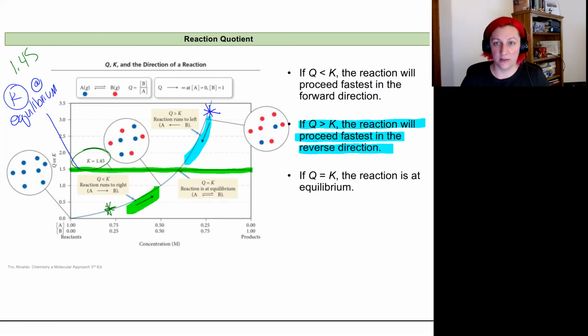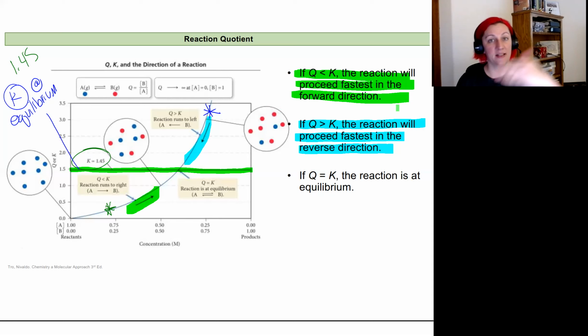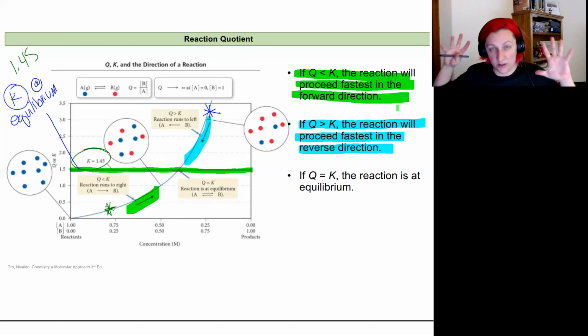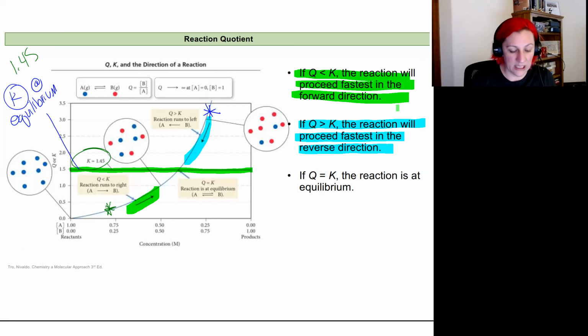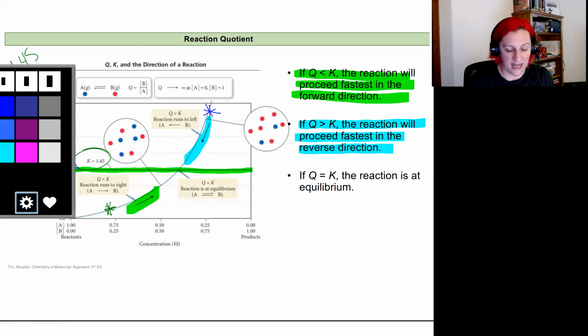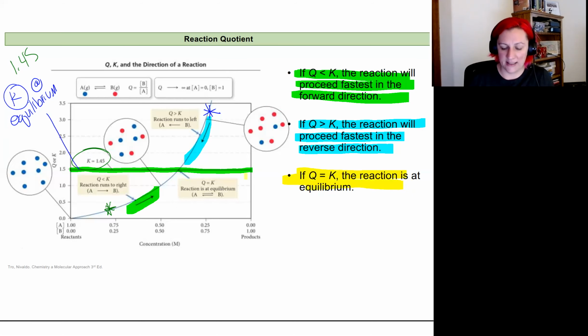And our first one that we said, when our Q is less than K, that reaction is going to proceed fastest in the forward direction. So we'll have a faster forward rate, which means I'm going to see this net accumulation of products on this macroscopic level rather than reactants. Now, once Q equals K, then you're just at equilibrium. And that's this line right here, that K equals 1.45.